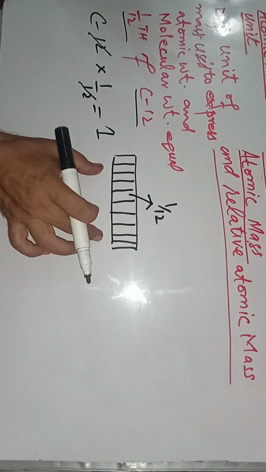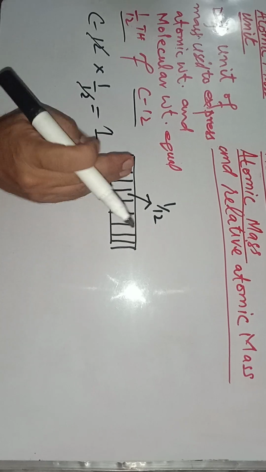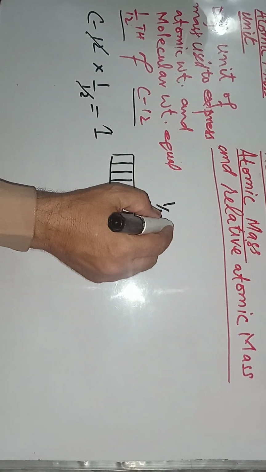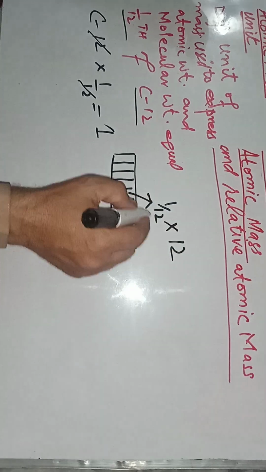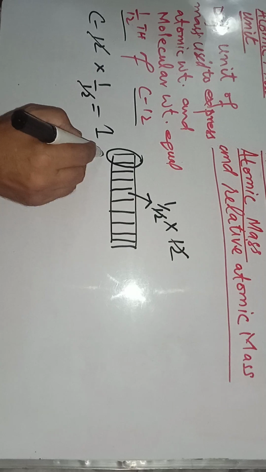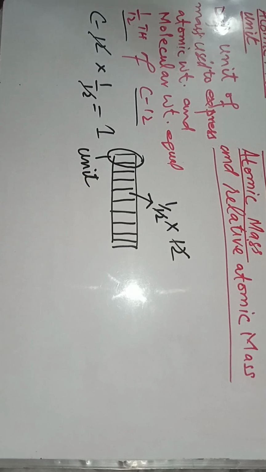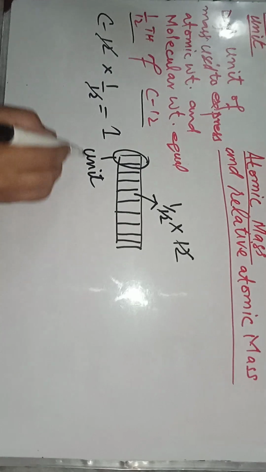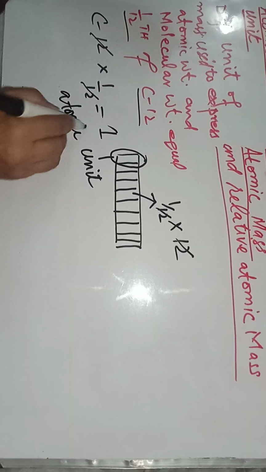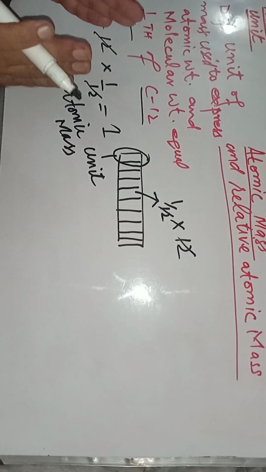Each part is 1/12, so the 12th of carbon 12 will be a single unit. So it is the atomic mass unit. It is a single entity.